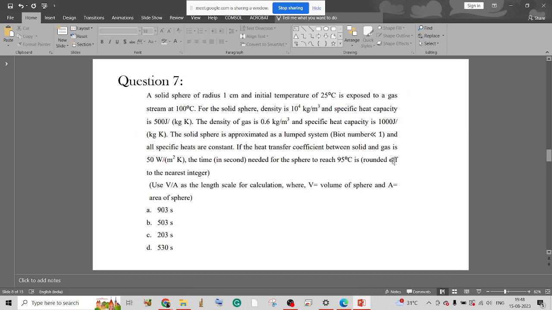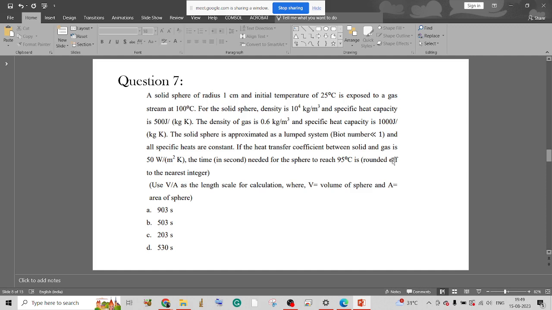Question number 7. A solid sphere of radius 1 centimeter and initial temperature 25 degrees Celsius is exposed to a gas stream at 100 degrees Celsius.